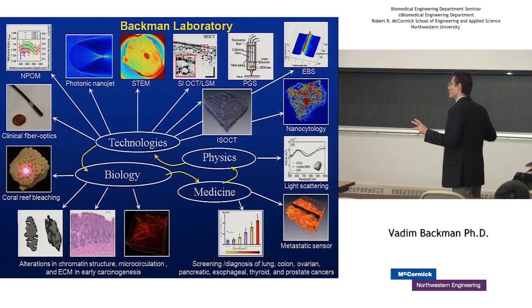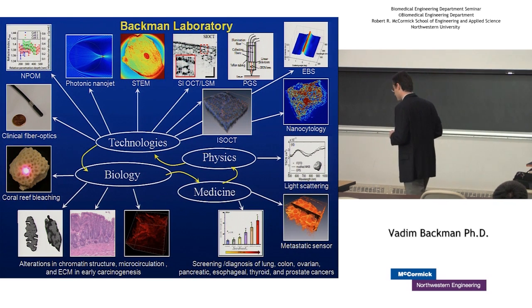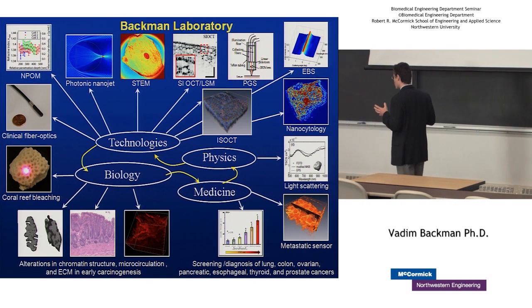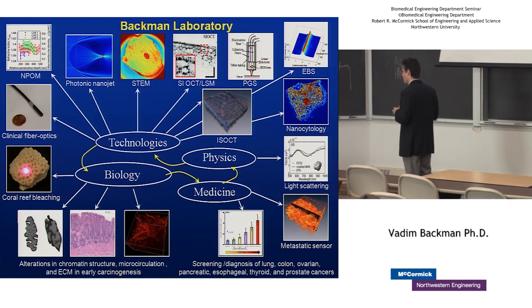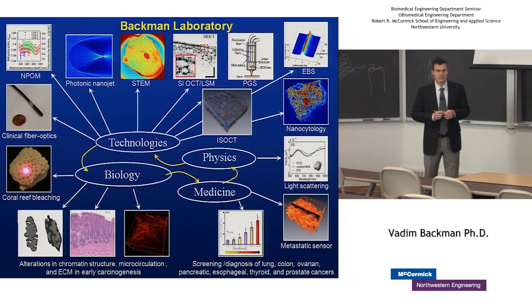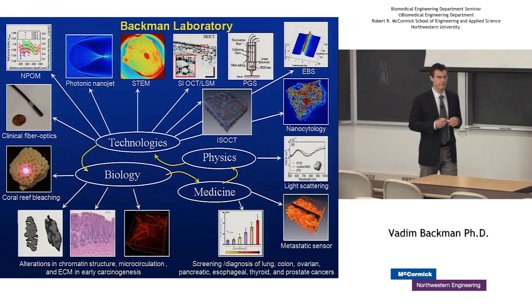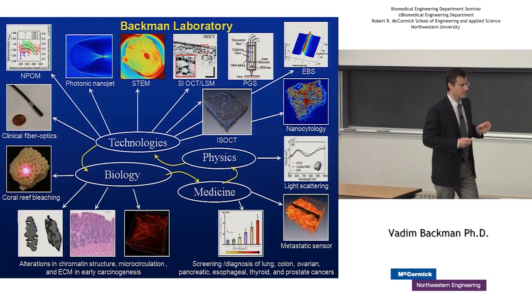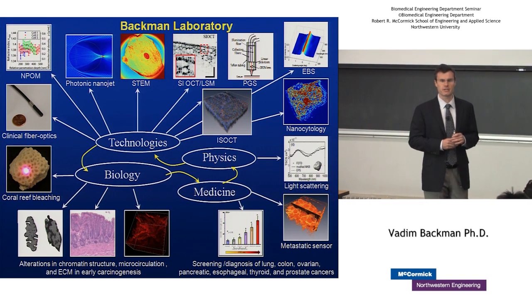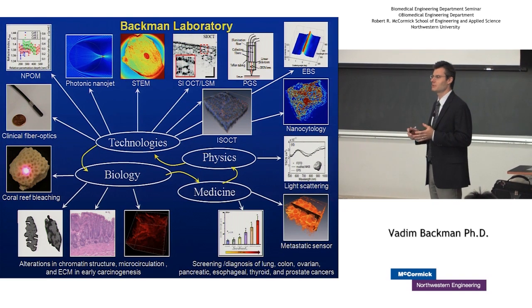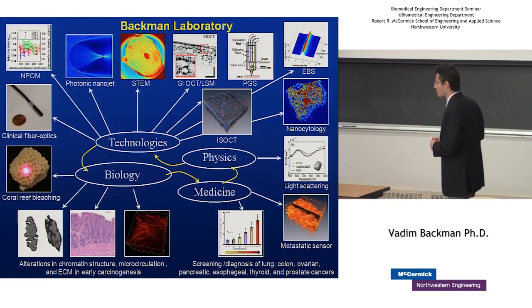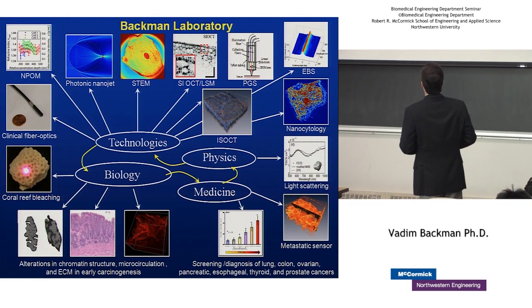The overall focus is on understanding cell and tissue structure and function at the nanoscale. Biologists have been unable, until recently, to really investigate this from the structural perspective to a great extent because of the limitations of visualization techniques such as microscopy. So we're trying to address that.